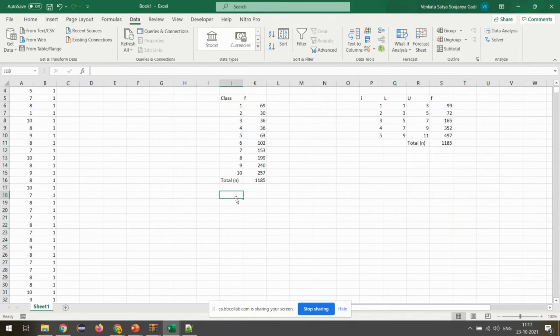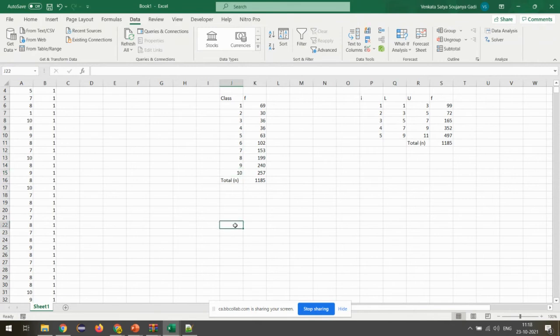Again, for the mode, it is very easy when you have data organized in classes with no loss of data. Here I said there is no loss of data grouping, so it is very easy to find the mode. By seeing the data, I can say the maximum is 257, so 10 is the mode.